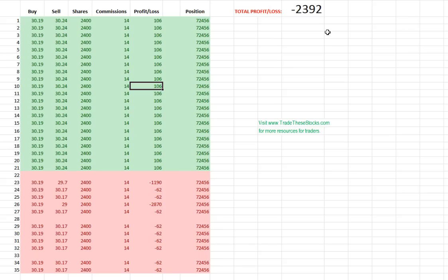Have your budget, so to speak, for your tuition. Okay? Don't expect to turn a profit right away. Okay? This is going to be your tuition, and you're going to have to learn. Okay? But cut these losers. Make it as small as possible, and maybe even you're going to be able to turn a profit. It's these accumulations of profits that are going to make you a better trader.